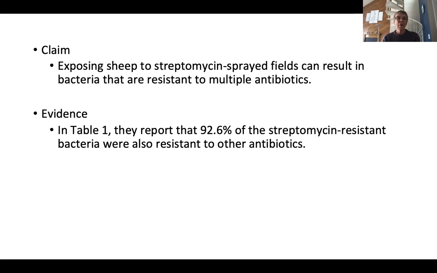But you see, they make a specific claim and then they pick out from the results a piece of evidence that directly relates to the claim that they made. And that's the important thing. These two have to be directly linked. Does the evidence prove what they've claimed? If it doesn't, then these are not a justifiable claim and evidence pair.